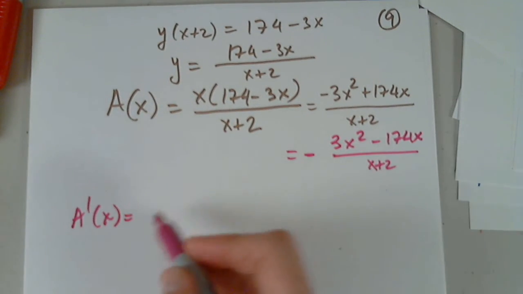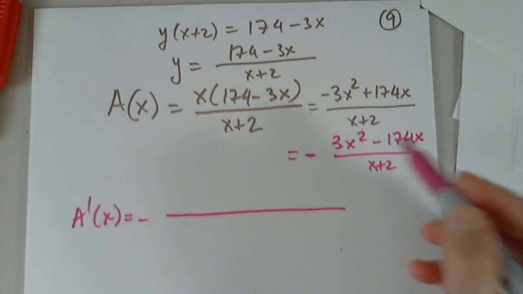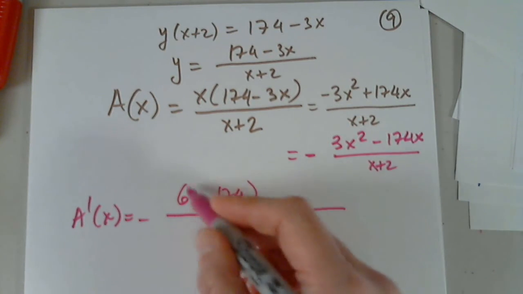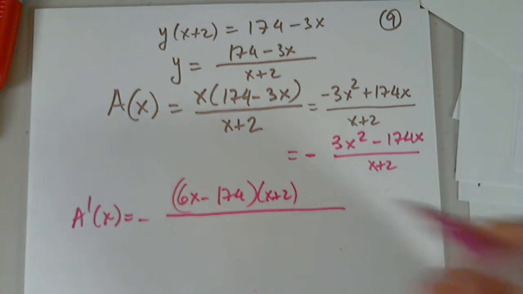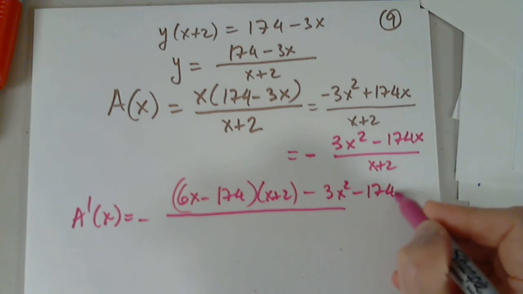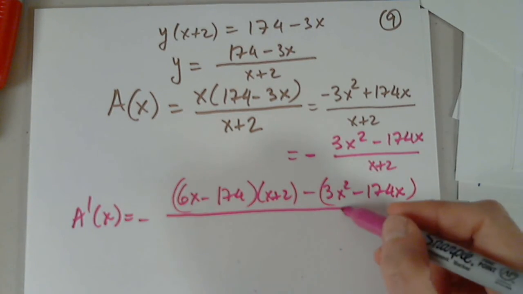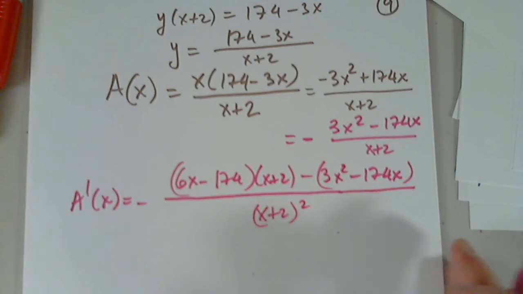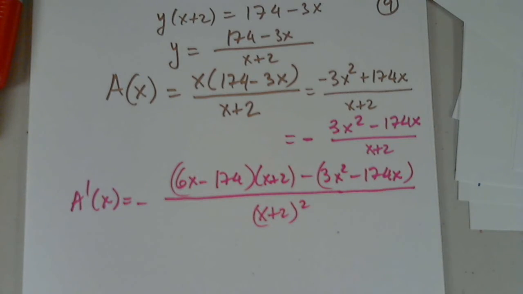So A prime of X: top prime, 6X minus 174 times X plus 2, minus the quantity negative 3X squared plus 174X. Luckily, the denominator prime is 1 over X plus 2 squared. Do not get tempted to do any simplifications here. Be careful. I will have to distribute and see what I get.